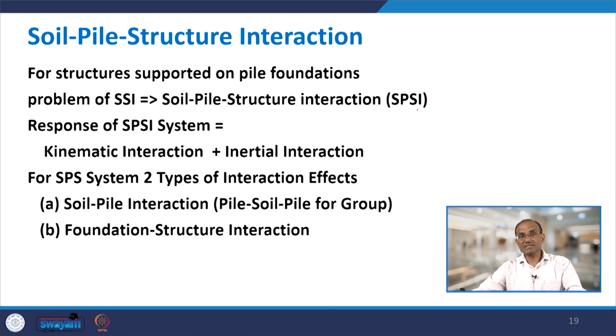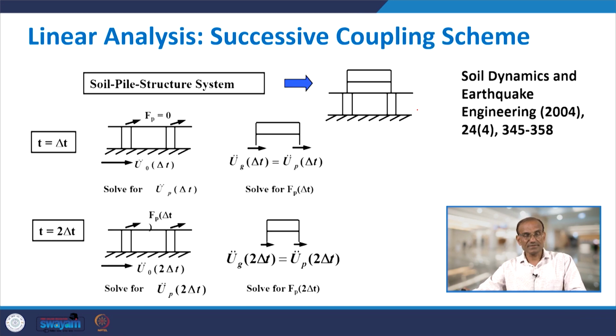For an SPS system, SPS means soil pile structure system, two types of interaction effects need to be considered. One is soil pile interaction, wherein for a single pile you consider soil pile interaction, while for a group of piles you consider pile soil pile interaction, and foundation structure interaction needs to be also considered.